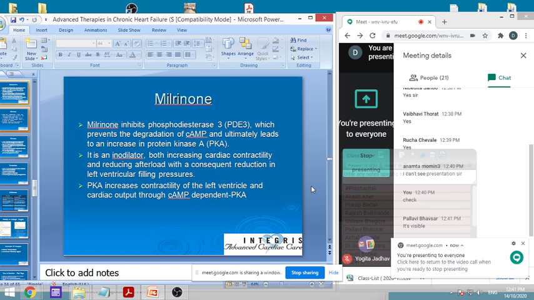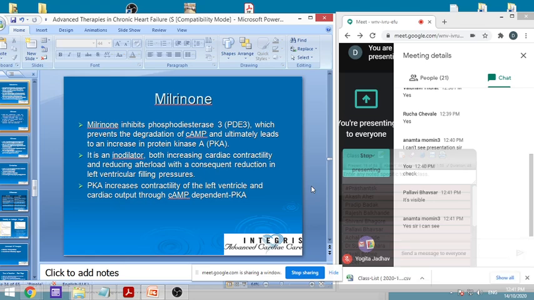So this is how the second drug, milrinone, is acting. It is an inodilator. That means it causes an increase in cardiac contractility and reduces the afterload. Because of that, there is a reduction in the left ventricular filling pressure. So because of that, the impact of milrinone will be there.